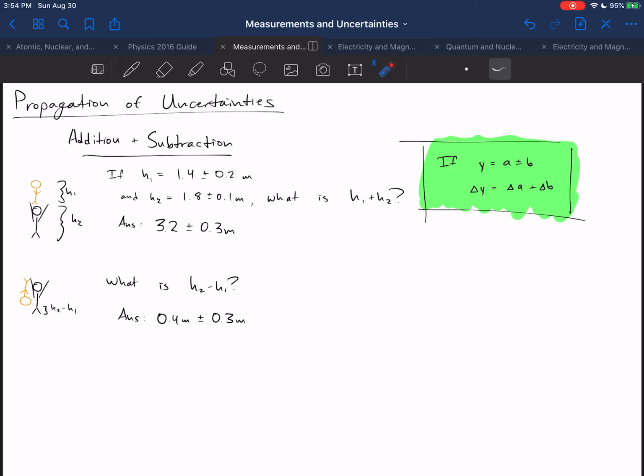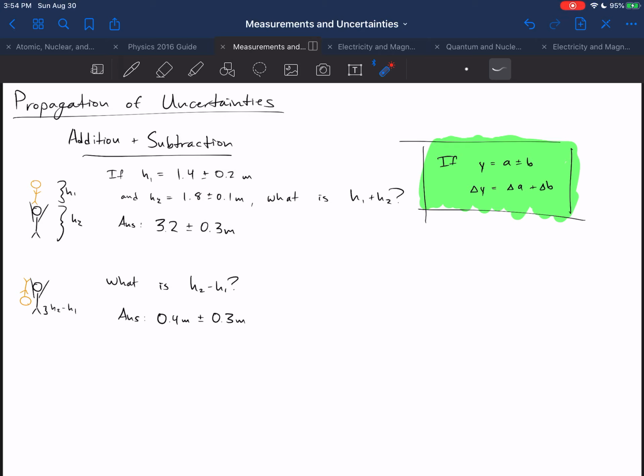What you're going to do is subtract h1 from h2 to get that value. And you'll go ahead and do that. That's 1.8 minus 1.4 meters, which is 0.4 meters. But then the uncertainty on that value also gets added. The uncertainty on h1 is plus or minus 0.2 meters, and the uncertainty on h2 is 0.1 meters.